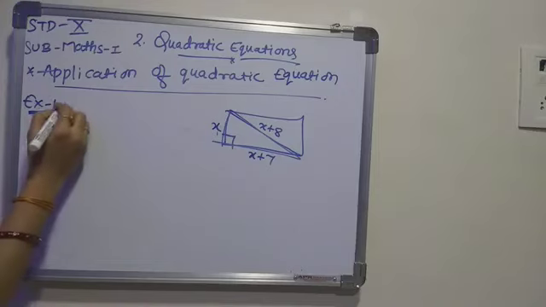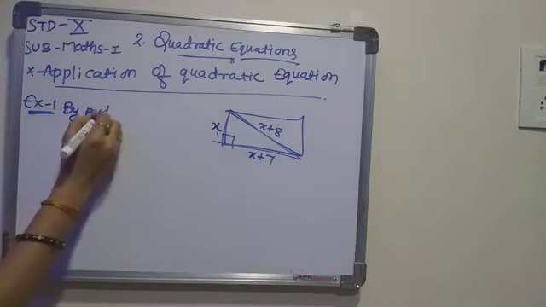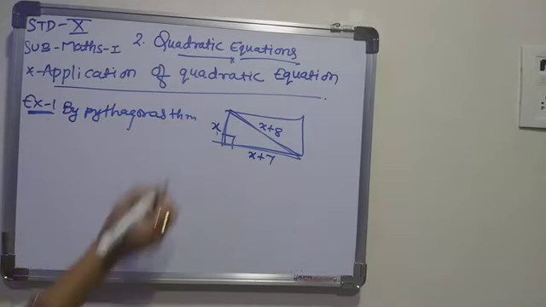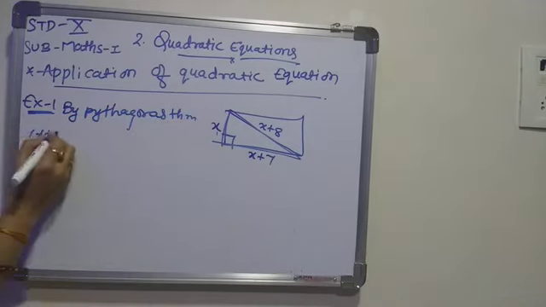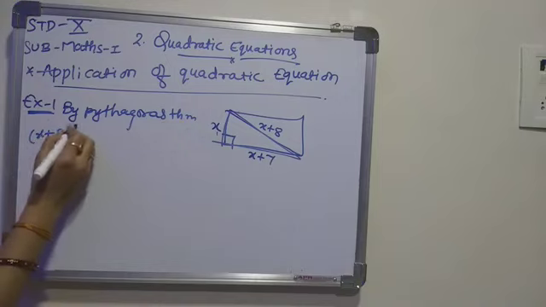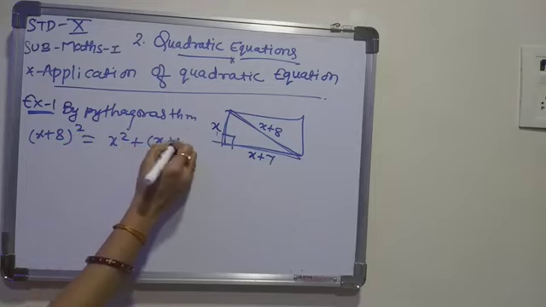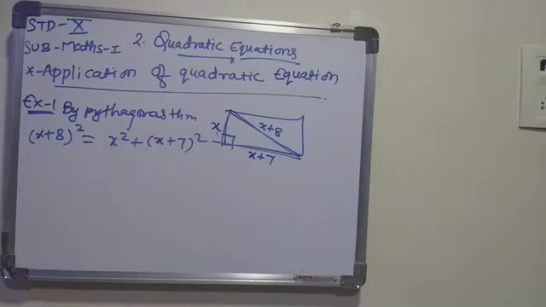So by Pythagoras theorem, you are getting x plus 8 whole square is equal to x square plus x plus 7 whole square.